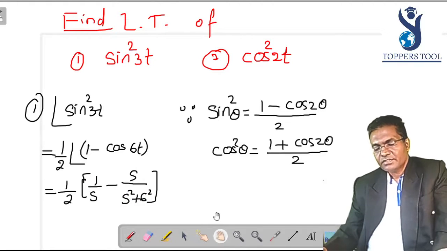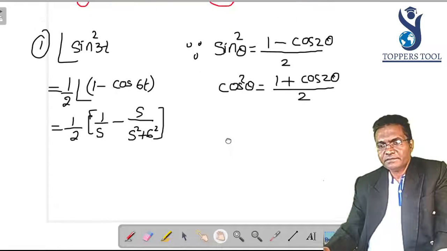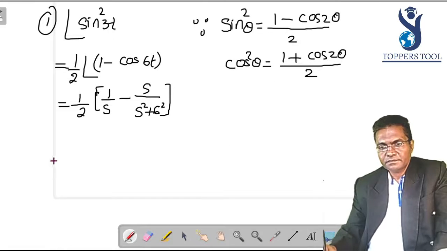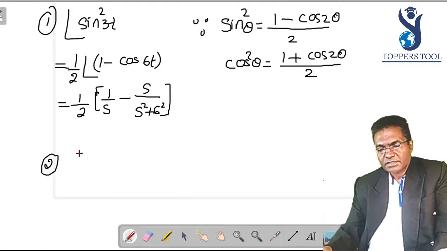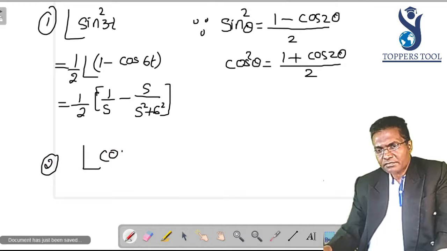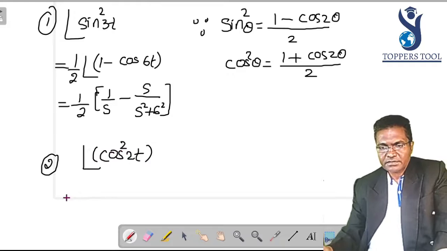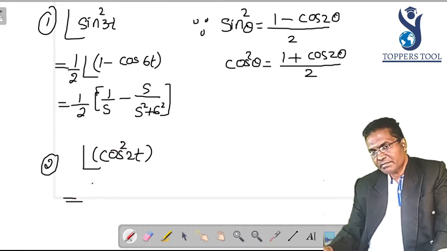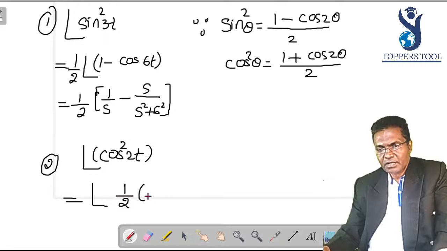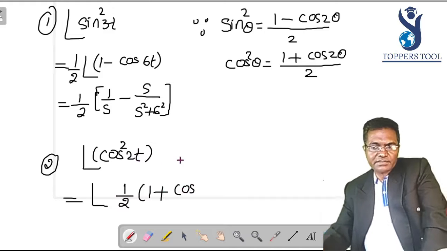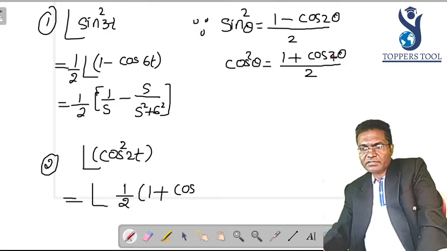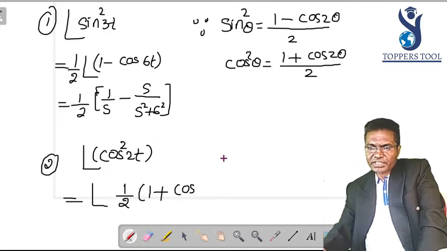Okay. So similarly, try the second one. Laplace transform of cos square 2t. As I mentioned earlier, cos square can be written as 1 by 2 into 1 plus cos of double of this. Here cos square theta means 1 plus cos 2 theta.